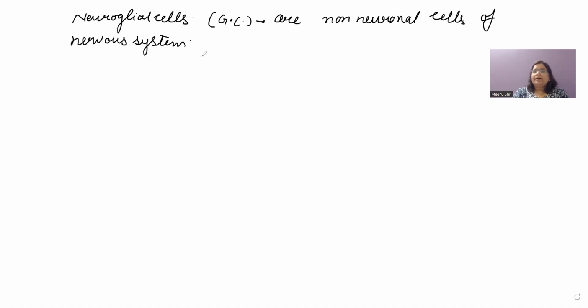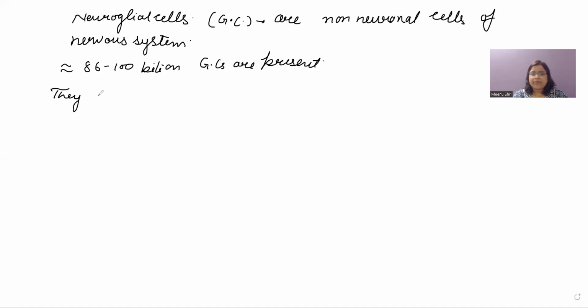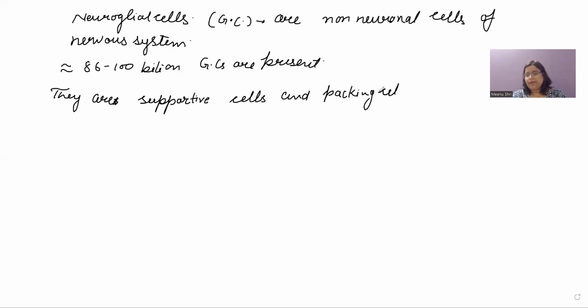In our body, around 86 to 100 billion glial cells are present. They are supportive cells and packing cells.